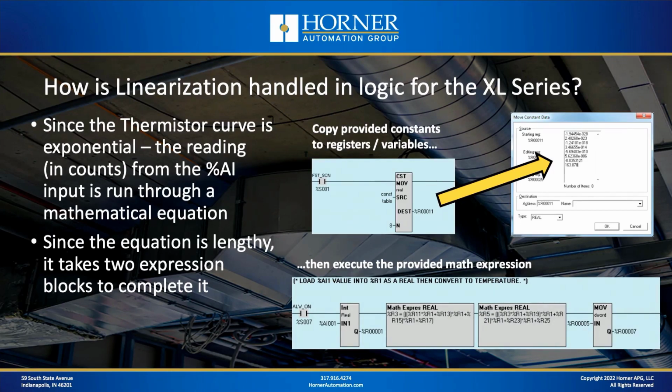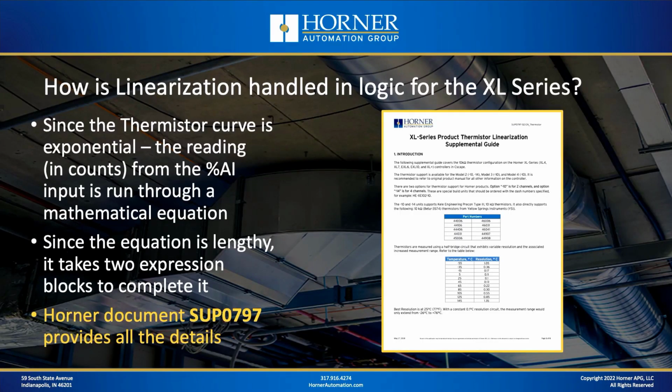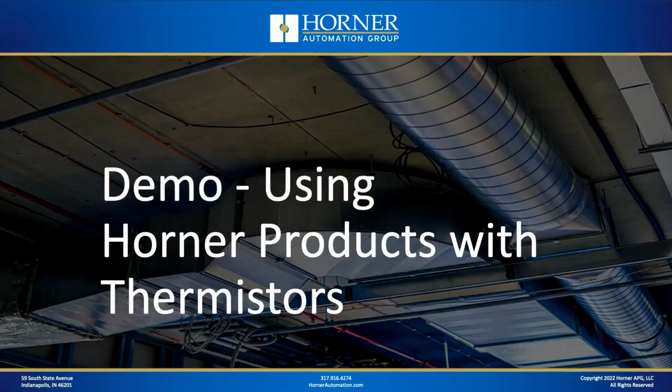Then you're going to execute the equation shown at the bottom there that takes your raw analog input value, converts it to a real number, runs it through the equation, and then spits out at the end the temperature in real numbers. And again, we've got that document with all the details. Now we're going to jump from our slide content over to our demonstration, and let's get started with that.